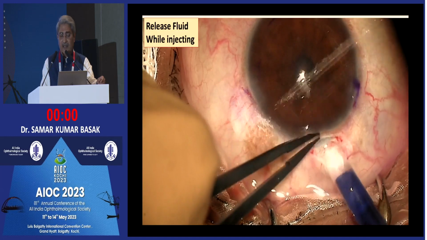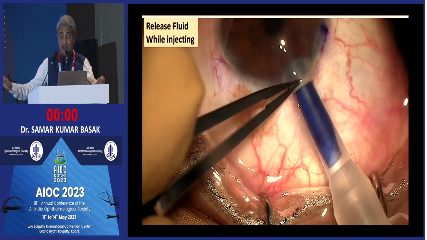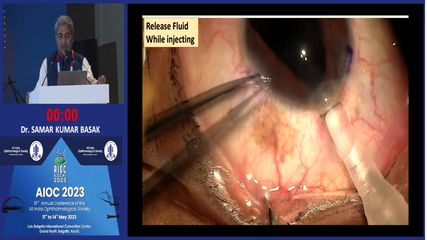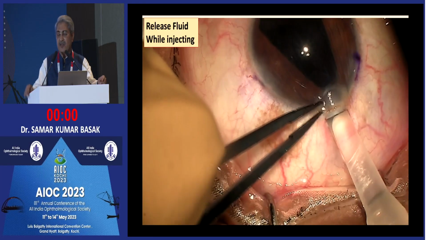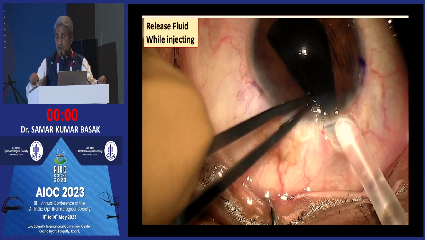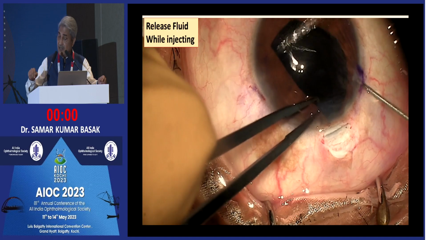Then again, Rajesh has a different system, very elegant, and while injecting you release fluid from the side port, so your graft will not come out, and always protect the main port, and then release more fluid.